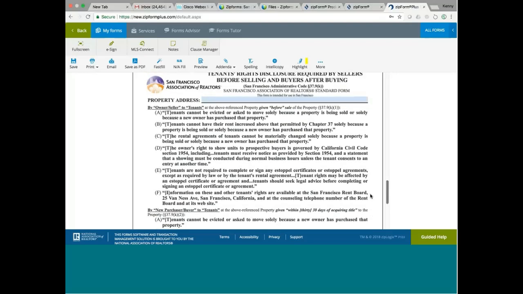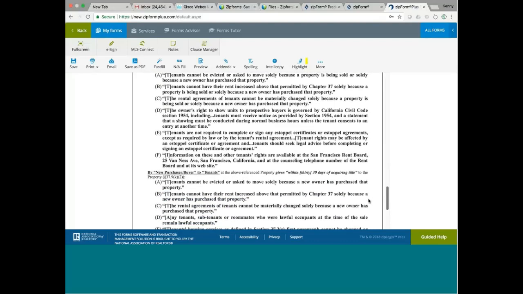Basically, this is advising the buyer that even if you become the owner, if it's a rent control property, you can't simply evict the tenant, because there are limited ways to evict a tenant, and one of the ways is to do an owner move-in. But if you're an investor, you cannot get rid of the tenant unless the tenant doesn't pay rent.